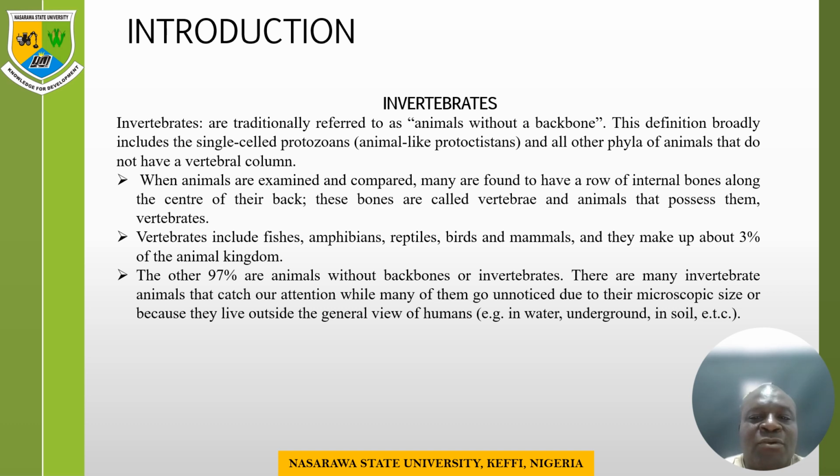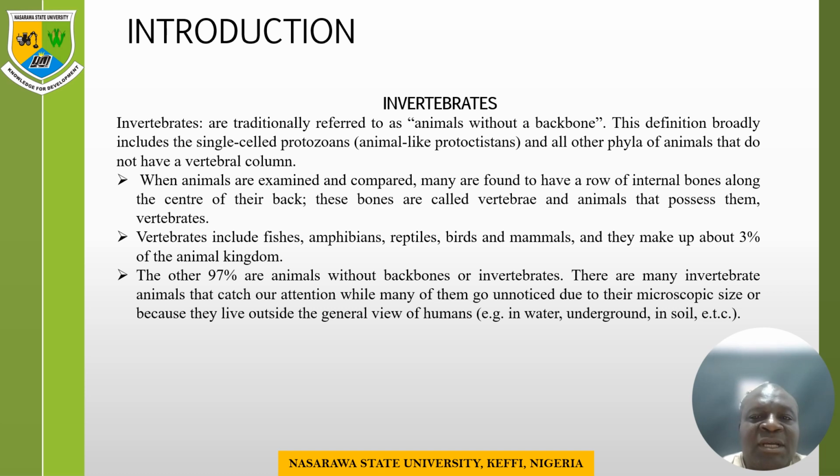Many of them go unnoticed due to their microscopic size, because they live outside the general view of humans, e.g. in water, on the ground, and in the soil. Most of these organisms tend to be ubiquitous in nature because they are found everywhere.